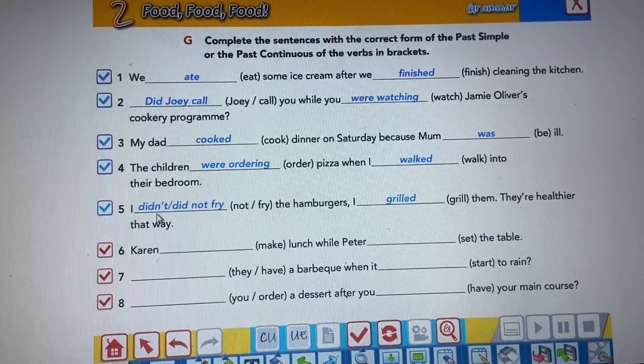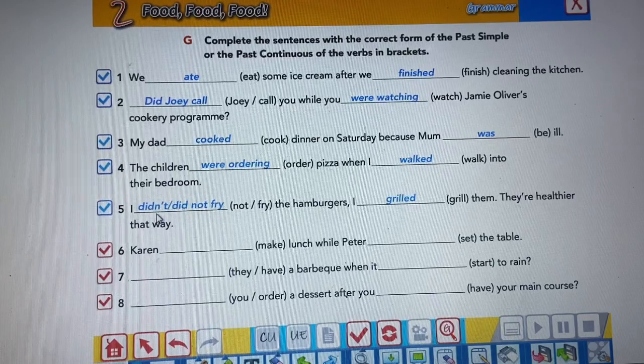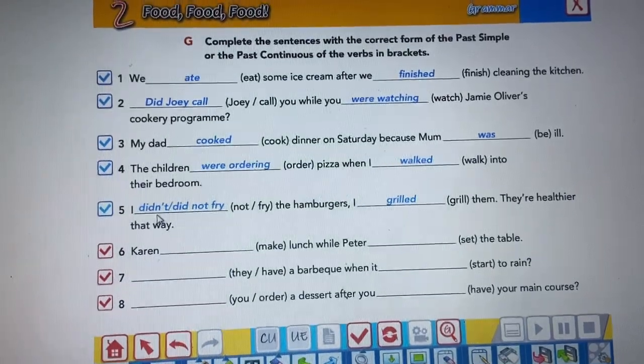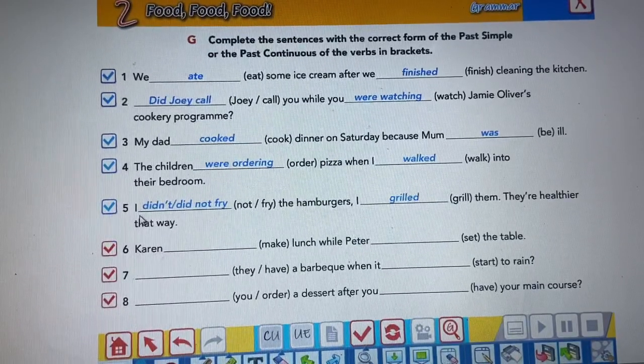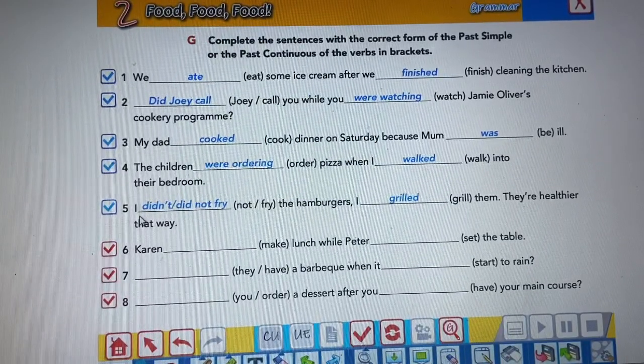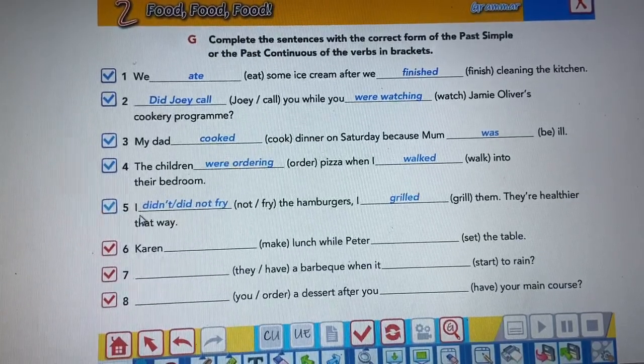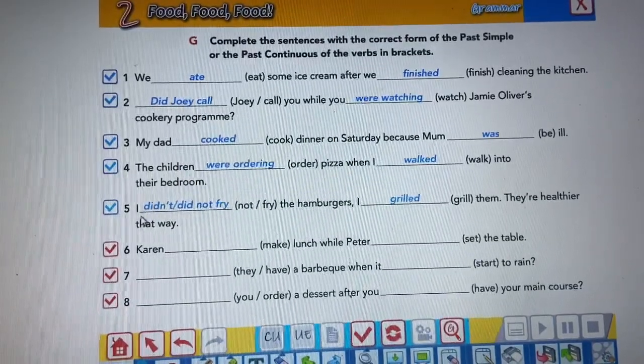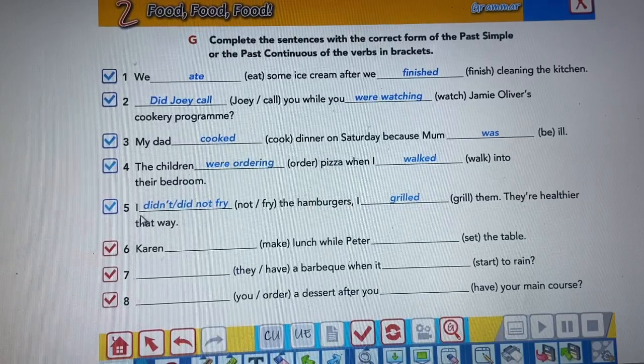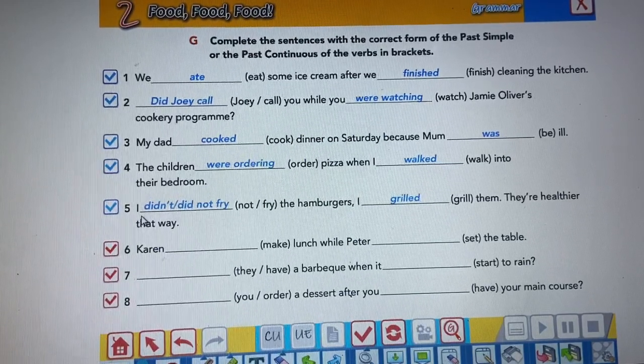Number 6, Karen make lunch while Peter set the table. In the sentence number 6, here we have 2 actions in progress. These 2 actions were in progress in the past.